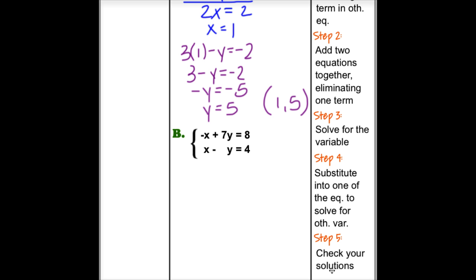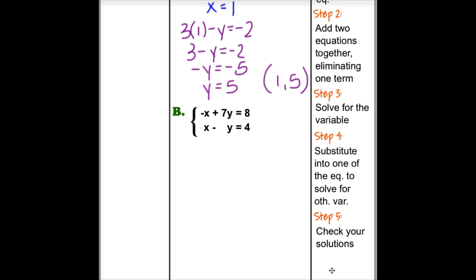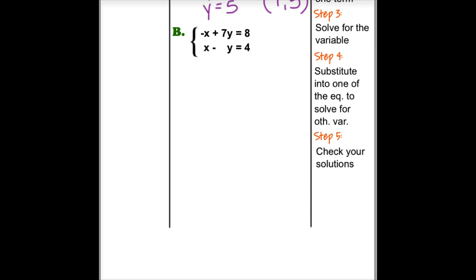Moving on to the next example here, I have negative x plus 7y equal to 8 and x minus y equal to 4. When I look at these two, I see that I have a negative x and an x, and they're opposite each other already, so I don't need to do anything to either equation.